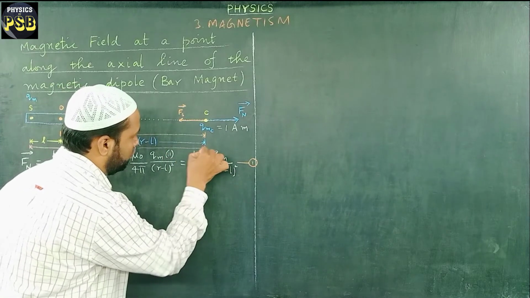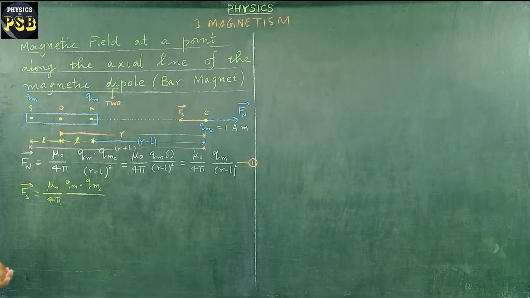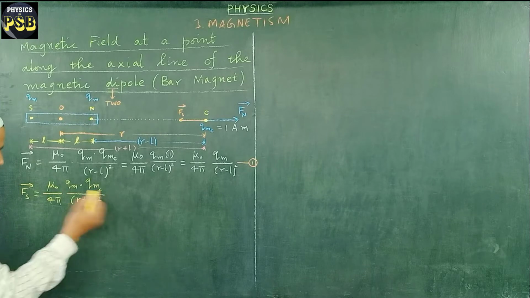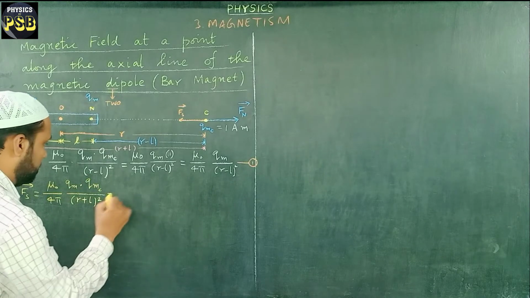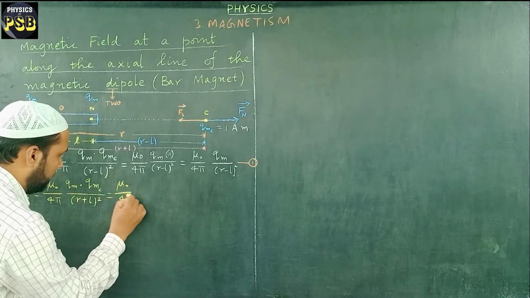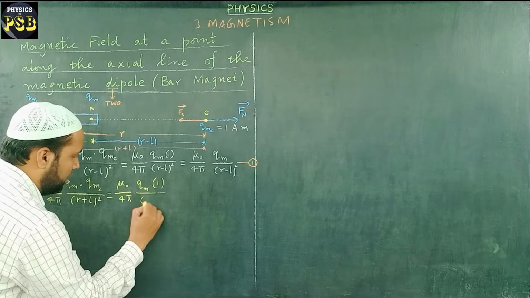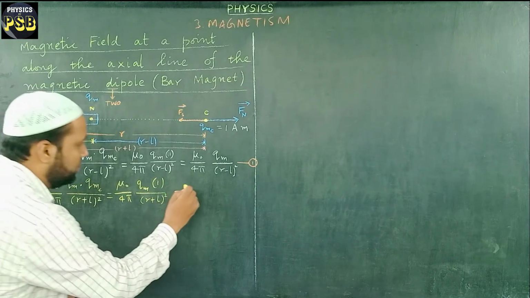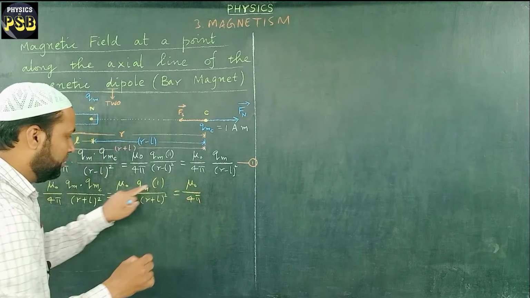Now, from the diagram, it is obvious. Okay, fine. That I am going to mention here. So R plus L whole square. So here we know QMC is nothing but 1. So I substitute the value: mu naught upon 4 pi QM multiplied with 1 divided by R plus L whole square.